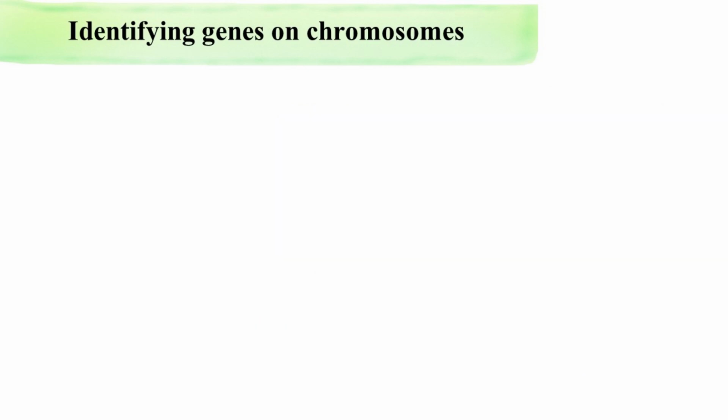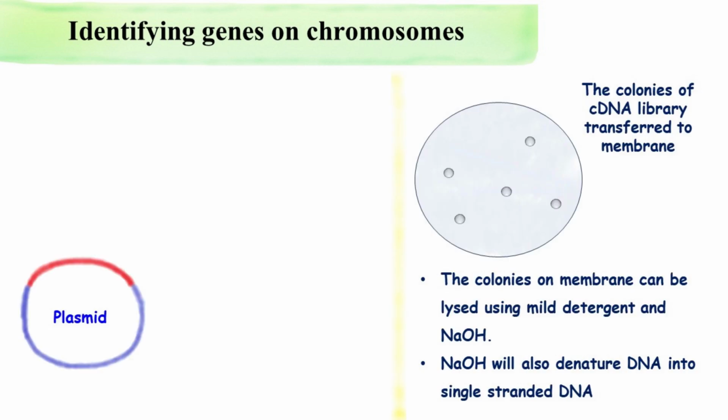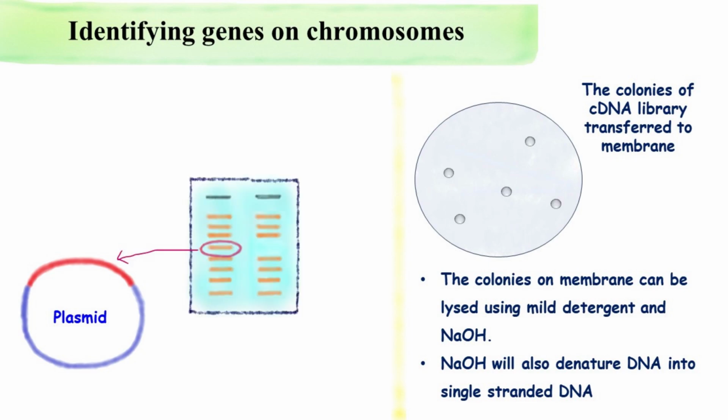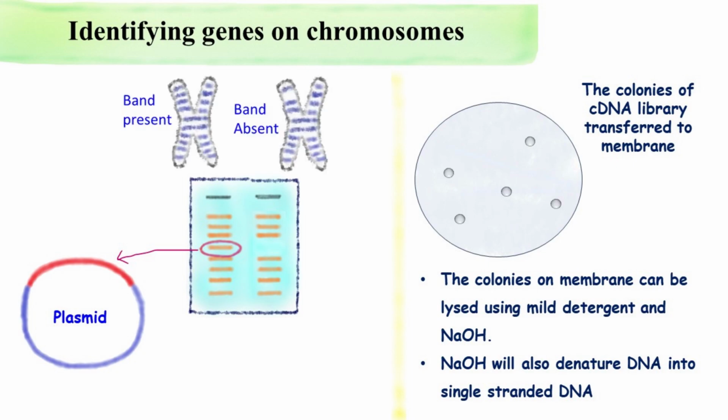Once this is done, we isolate the plasmid from the previous host. If you can recall, this plasmid has the chromosomal fragment that was present in the normal cell but absent in the abnormal one.